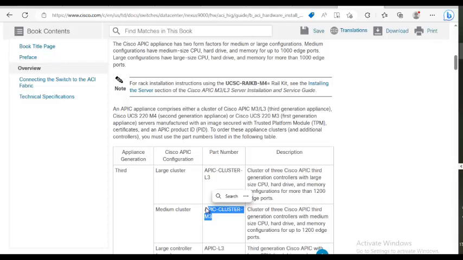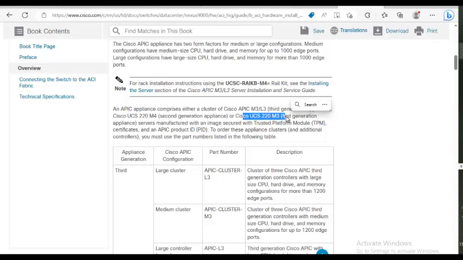If it is a physical, look at this, here it is written. This APIC appliance comprises either a cluster of Cisco APIC M3 and L3 third generation appliance. M3 or L3 third generation appliance. Cisco UCS 220 M4 second generation appliance. Cisco UCS M3 is first generation appliance.